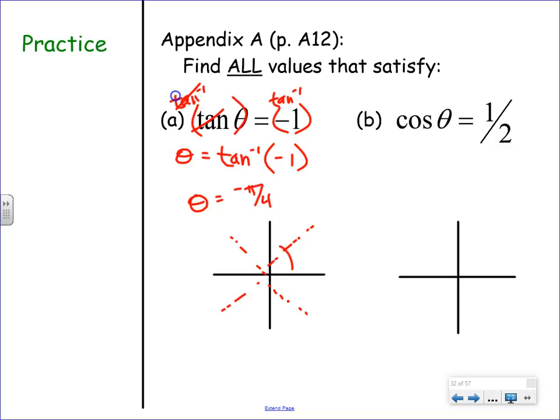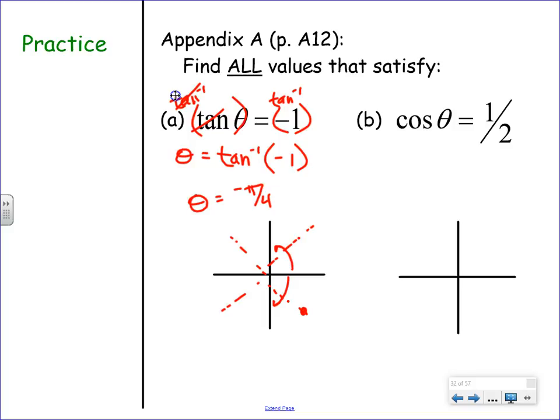Tangent inverse says, look in this quadrant only. Positive pi over 4 is not so good because tangent's positive. Negative pi over 4, booyah. Tangent's -1. Now if it says all values that satisfy, you're like, ah, where else would it happen? Tangent inverse wouldn't give me any more answers. That's it, that's done.